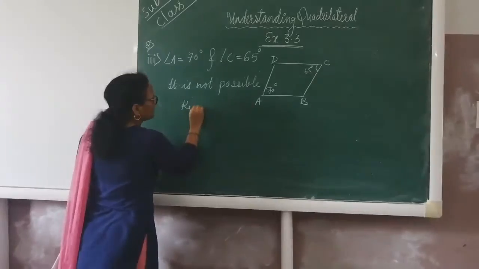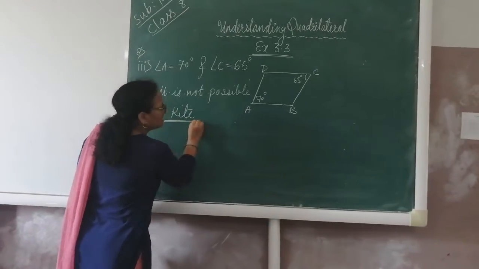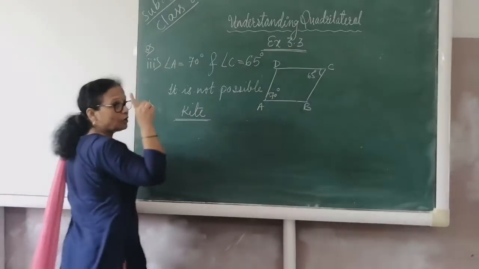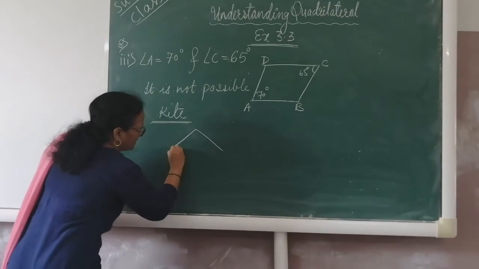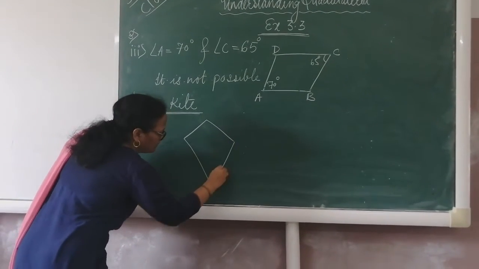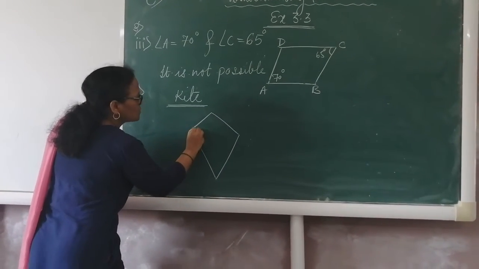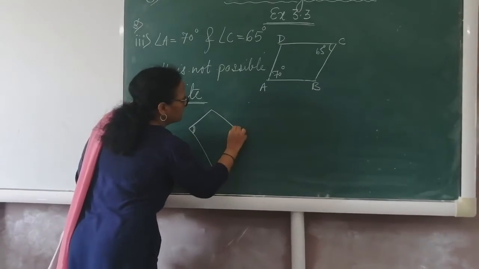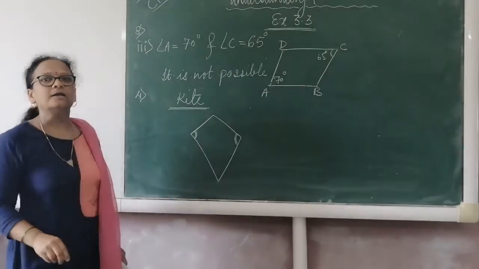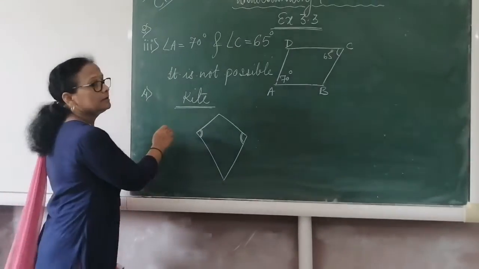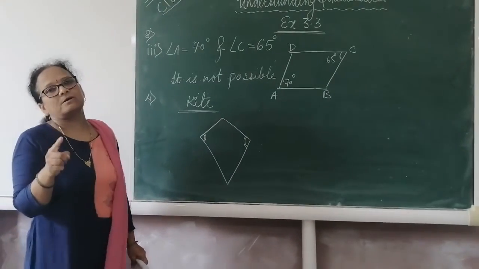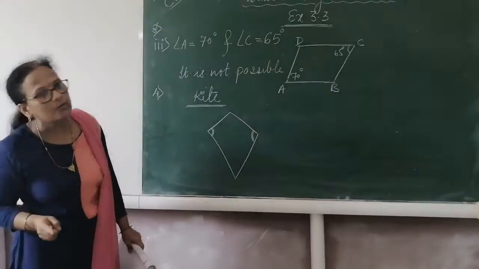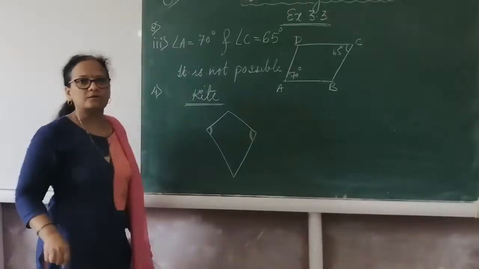So that is your kite. In a kite, only one pair of opposite angles is equal. So draw a kite for that. Here, these two opposite angles of the kite are equal to each other. Then we can say that a quadrilateral in which one pair of opposite angles is equal, that is your kite.